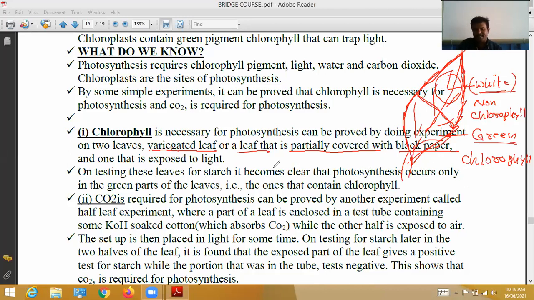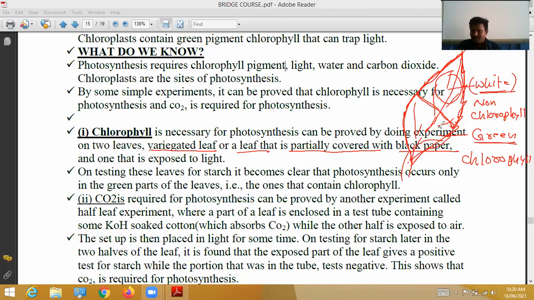Such a leaf you take and test for starch. On testing these leaves for starch, it becomes clear that photosynthesis occurs only in the green parts of the leaves, that is, the ones that contain chlorophyll.